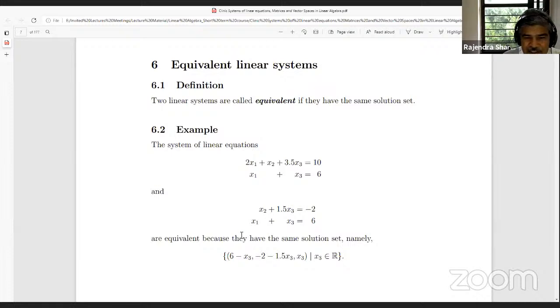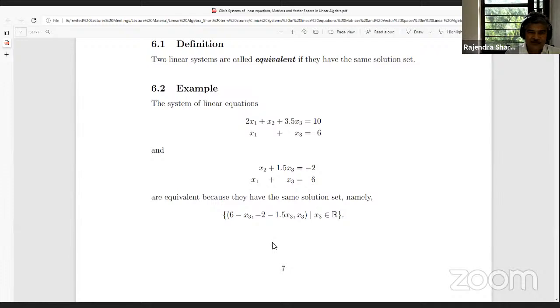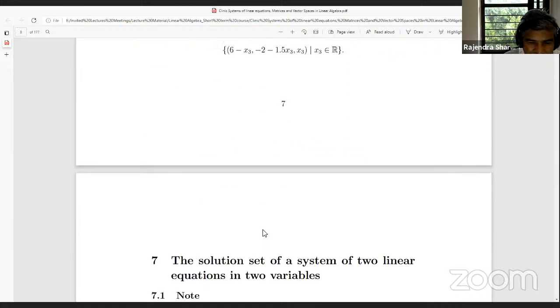And the first equation is here x2 plus 1.5 x3 is minus 2. These two systems are equivalent because they have the same solution set, namely 6 minus x3, minus 2 minus 1.5 x3, and x3, where x3 can take any arbitrary real value.